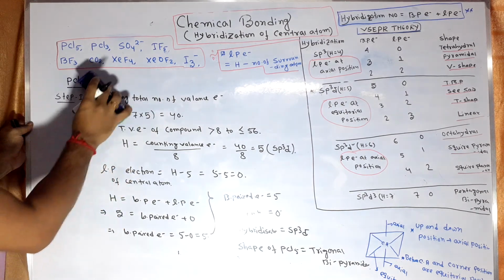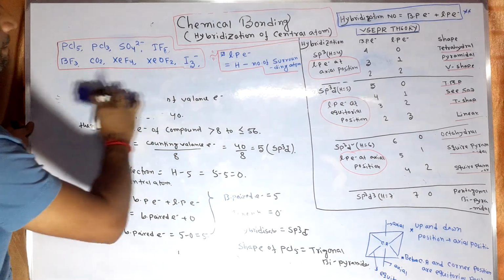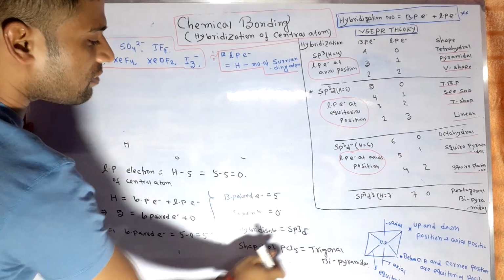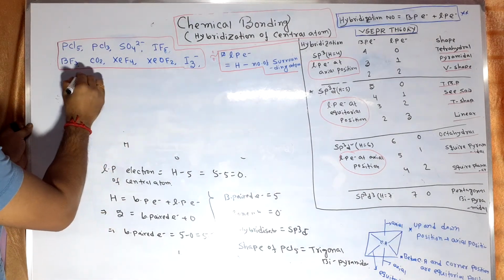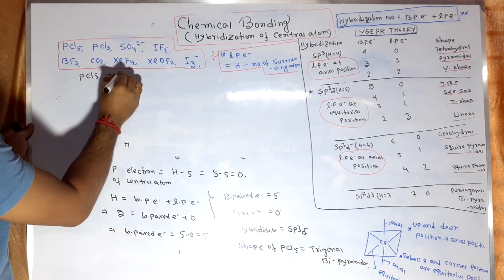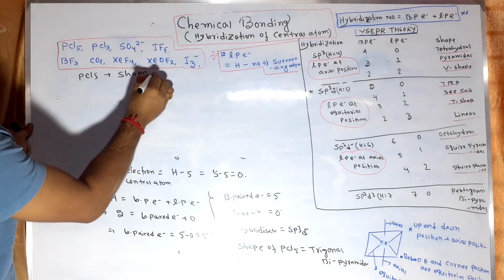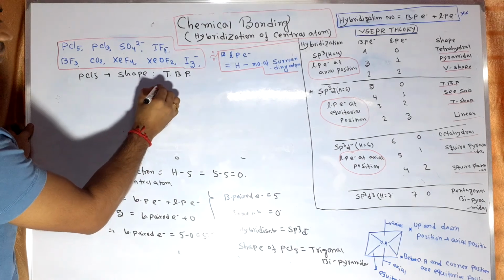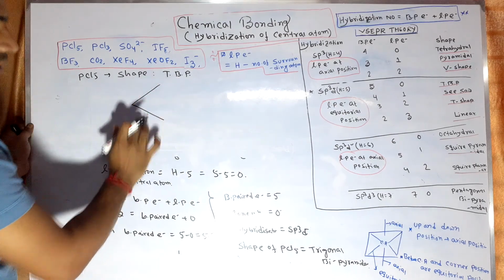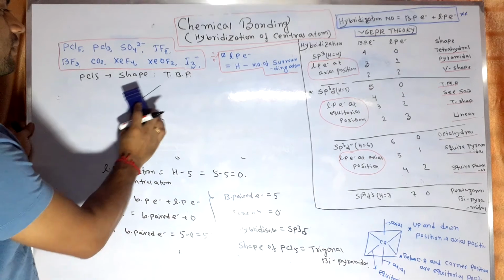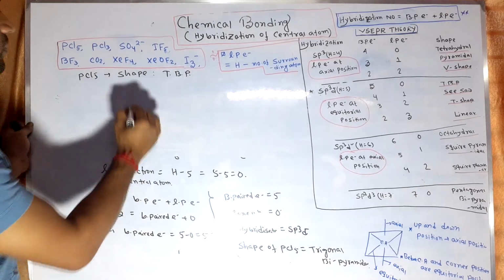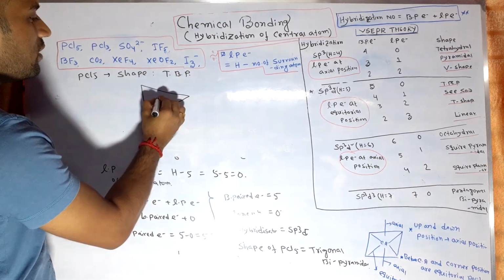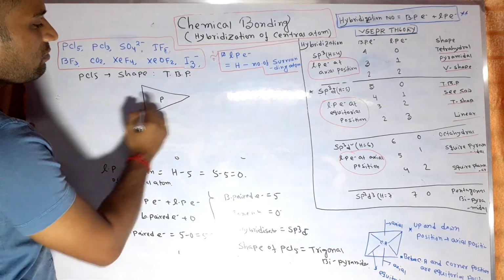Then the shape of PCl5 is trigonal bipyramidal, TBP. Then draw the structure. This is the trigonal bipyramidal structure. The central position is always the central atom.